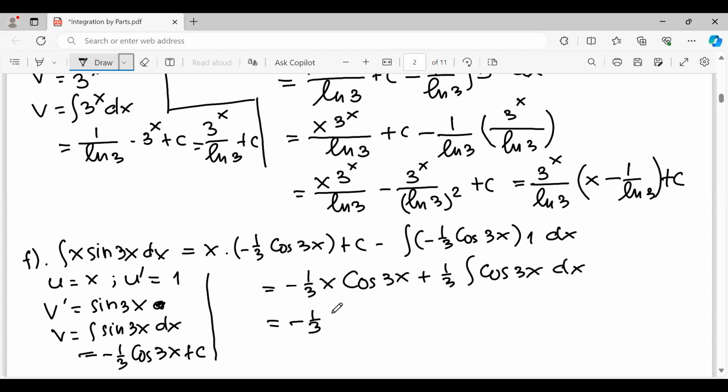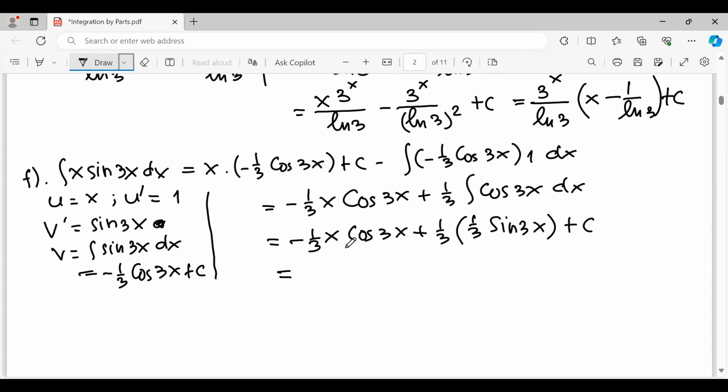Becomes negative 1/3 x cosine 3x plus 1/3, and the integration is 1/3 sine 3x plus c.